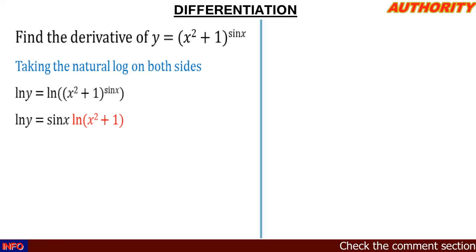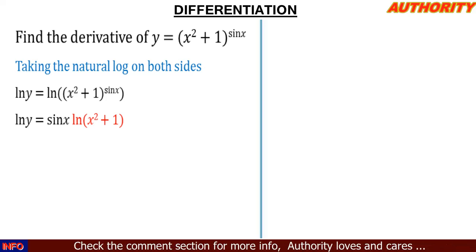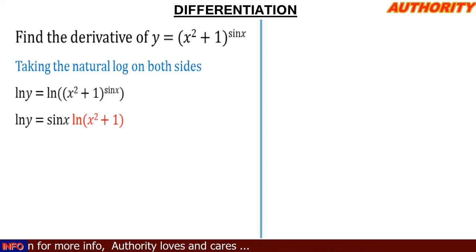Here we can go ahead and find their proper derivatives. In the left hand side, for us to find the derivative of ln y, we differentiate it as if it is x, but because it is y, we multiply by dy dx. That is implicit. So the derivative of ln y is 1 over y dy dx.